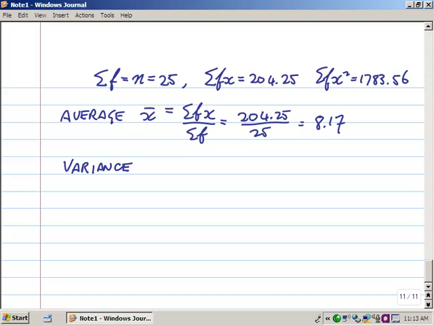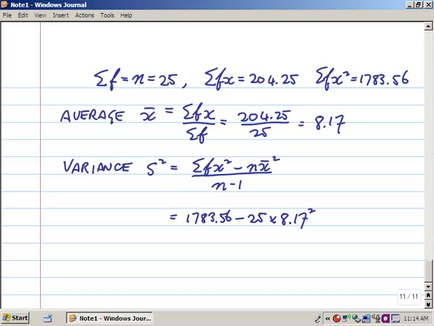The variance, S squared, is sigma fx squared minus n times x bar squared, divided by n minus 1. Sigma fx squared is 1783.56 minus n, 25, times 8.17 squared, divided by 25 minus 1.